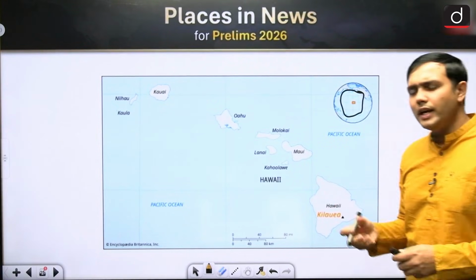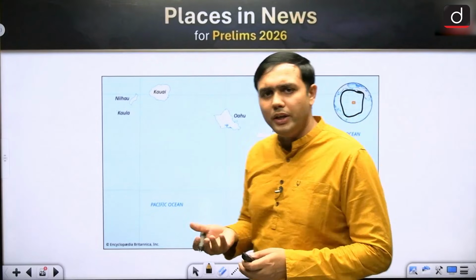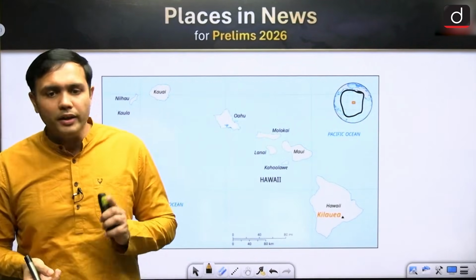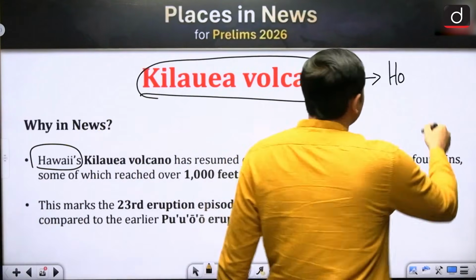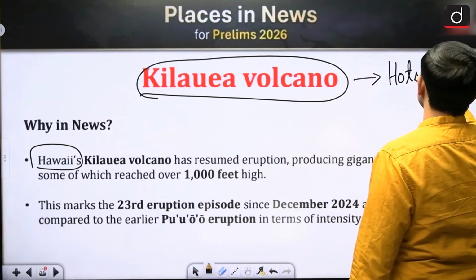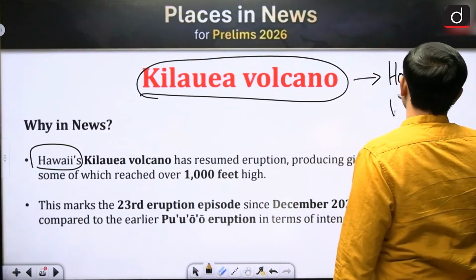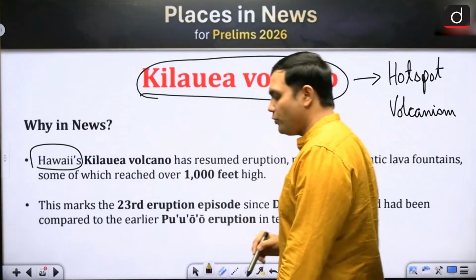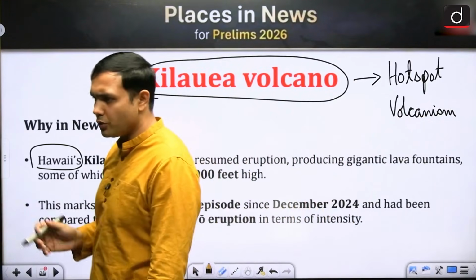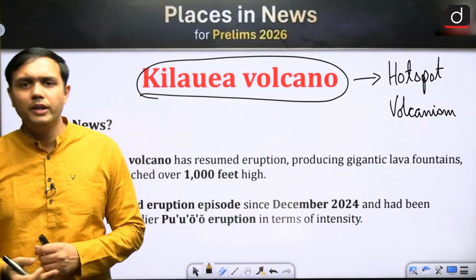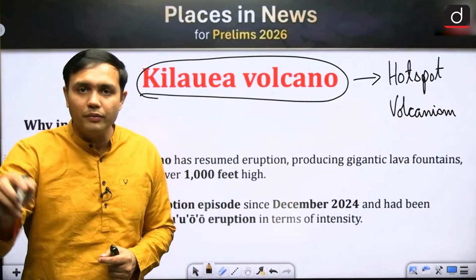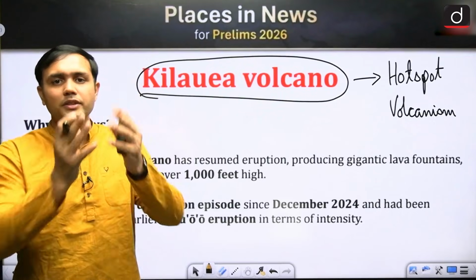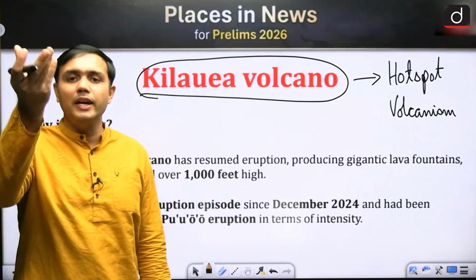So, how is it that volcanism is happening in the middle of the plate? Here you have to remember that there is a phenomena of hotspot volcanism. I'm hoping that most of you would have read about it when you were doing the different types of volcanoes, where due to convectional currents inside the earth, magma is able to rise even inside the plates.